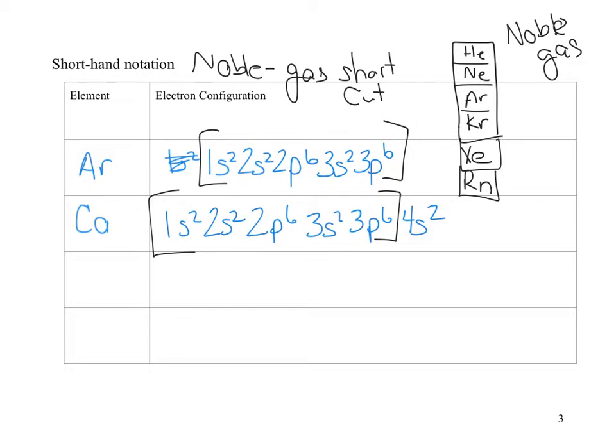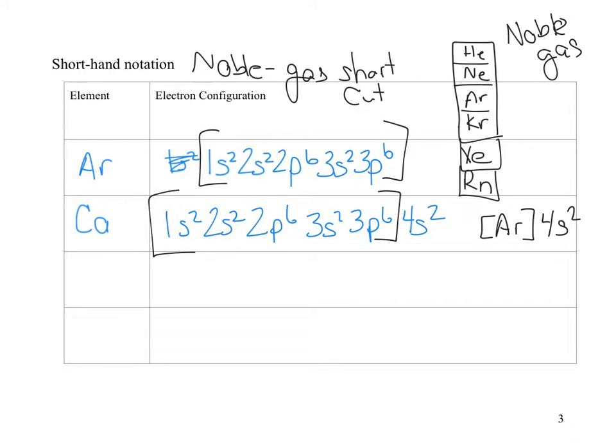All right, so for the noble gas shortcut, what you do is instead of rewriting the entire configuration of argon, you put it in square brackets, and again, it needs to be square brackets so I understand what you're doing with it, so everyone's following the same convention. You can write calcium as [Ar] 4s2. You're saying it has the same configuration as argon, and then there's a 4s2 beyond it.